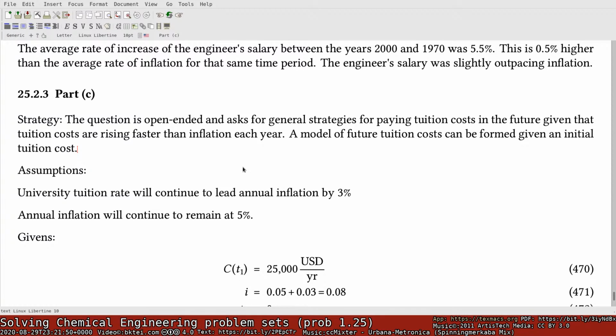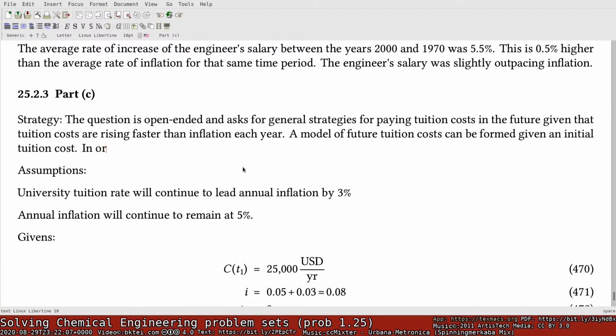Let's say 18 years. If you were to have a child, 18 years to raise the child, and then that's when you'll have to end up paying for tuition.